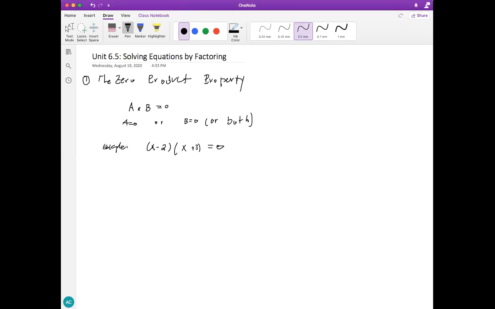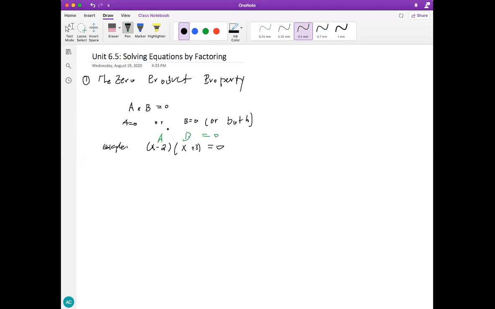So this is basically a product. Product means a multiplication. So product of a and b is 0. Here we have a product of this expression times this expression in the parentheses. Think of this as the a that we mentioned here times some b, and their product is 0.